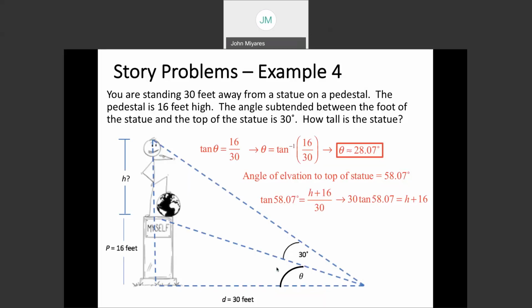When we run that through the calculator, the left side becomes 48.145 equals h plus 16. We'll then subtract 16 from both sides to get a final answer h for the height of the statue to be 32.145 feet.